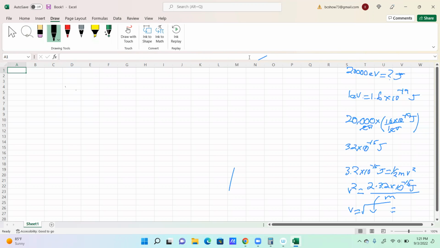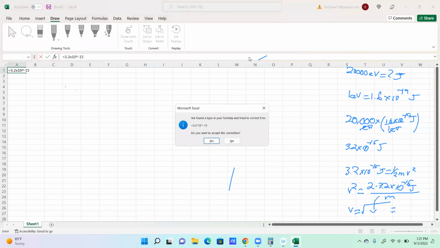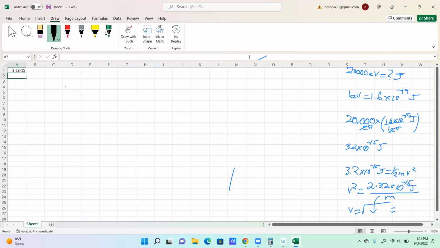I think the system is doing what I need it to do. So equals 3.2 times 10 raised to the minus 15th. Yes, that would be fine. Equals 2 times this cell.